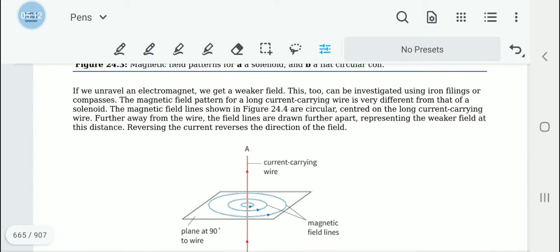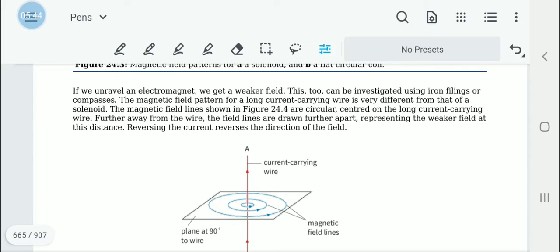If we unravel this electromagnet, that is, if we make it straight, we get a weaker field. We can figure out how strong or weak a magnetic field is by using iron filings, that is iron dust, or a compass.